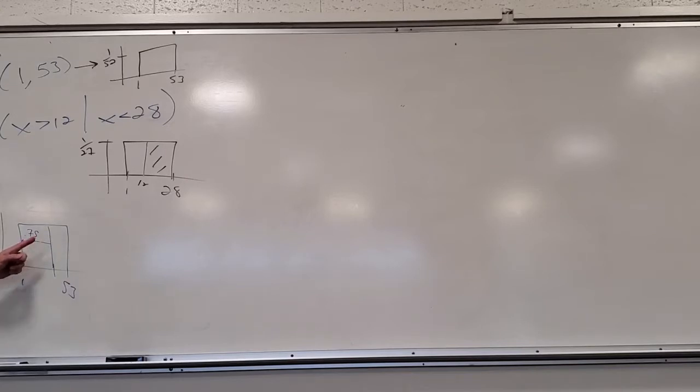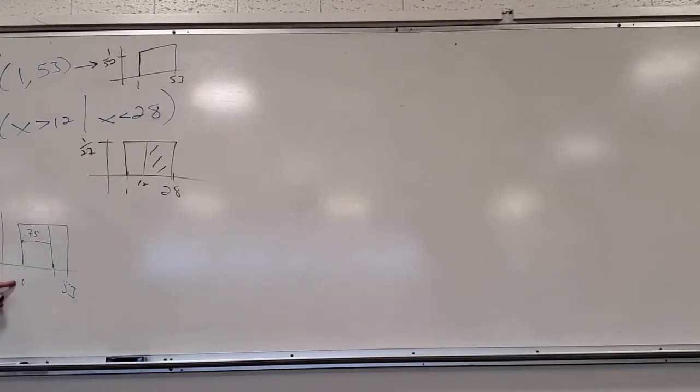I only want to go 75% of the way from 1. 75% of what? The whole length is 52. If I want to get to the 75th percentile, how much data do I want to pass? 75% of it. So don't I want to take 75% of 52? That's how far I want to go.